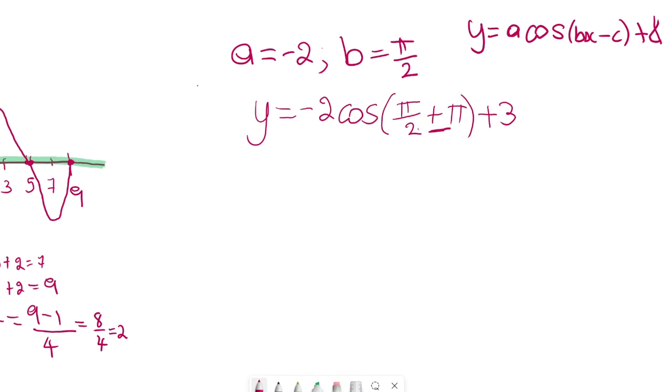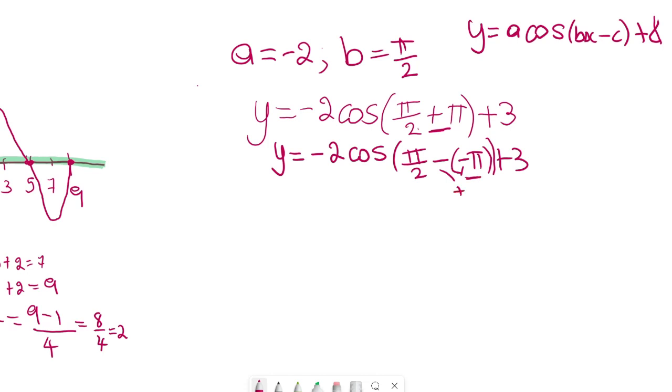So we can actually rewrite this as y equals -2 cosine(pi over 2 x minus negative pi) + 3. And so here is where you'll get that plus. The reason why we rewrote it is so that we can see that our C is actually negative pi.